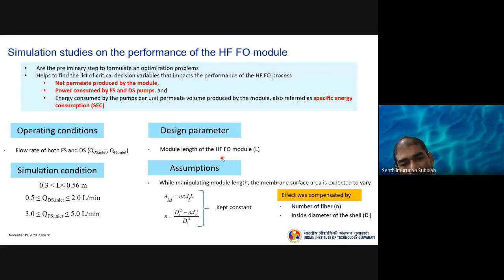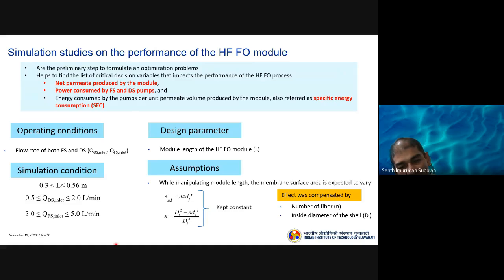When we manipulate these, for example the length, I need to ensure that the available membrane surface area is constant. So how do you do that? When you are manipulating the length, automatically the diameter is going to change and the porosity is going to change. The number of fibers is going to increase, and then the diameter of the cell side will increase.